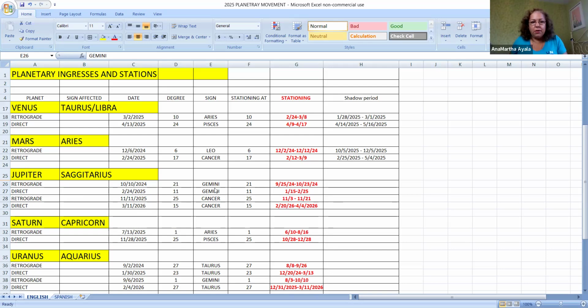Now for Jupiter, you could see we're talking about maybe a month and 10 days, right? And over here, it's a month. So the times of stationing are getting longer. With Jupiter, you get extra blessings, you get opportunities, but obviously, you need to take advantage of them, right?